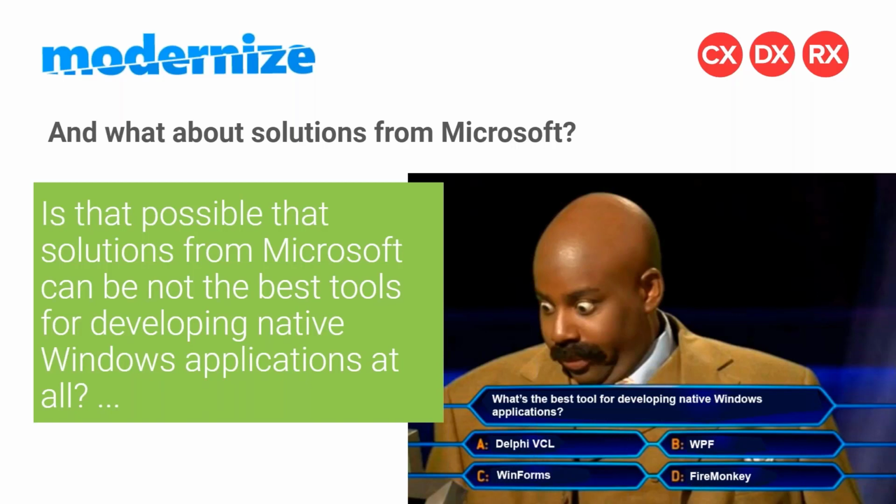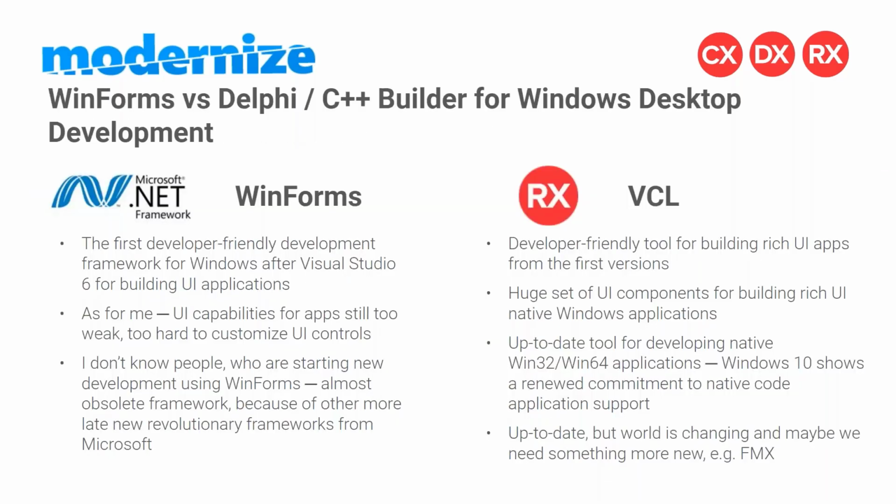And for Windows desktop development from Microsoft, we have WinForms and WPF, and let's compare these two technologies with Delphi. If we're talking about WinForms, that's really the first developer-friendly development framework for Windows after Visual Studio 6. It was the 2003 version, when C# and .NET were introduced. And for me, it's just a little copy of Delphi.